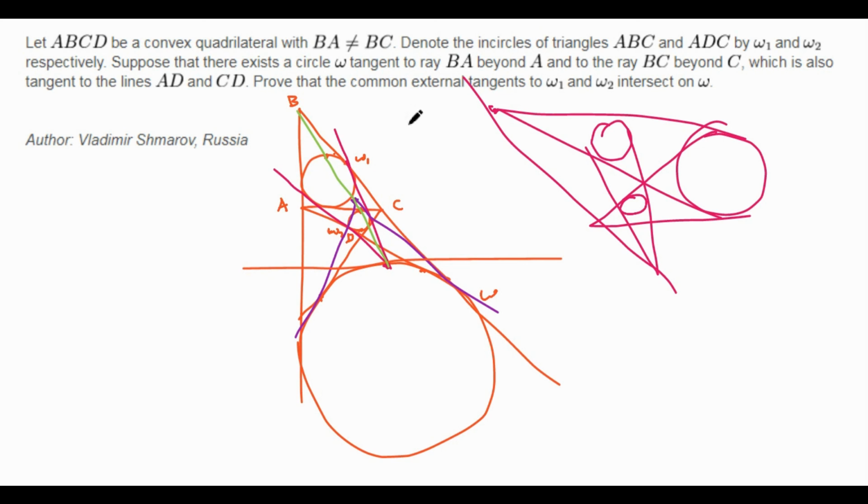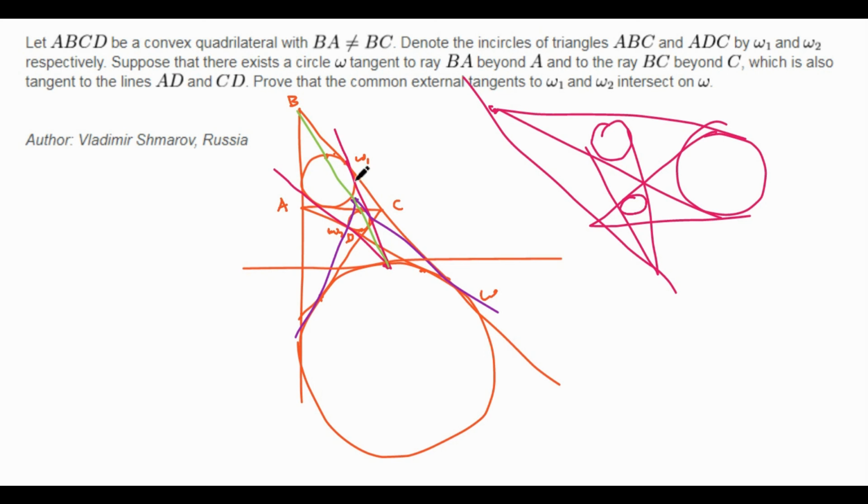So how might we go about proving this? Well, the first thing we know is that B, the top point of omega 1, and the top point of omega are already collinear. We already know this because it's just a homothety. We're already given it. So now we want to prove that the purple point as well as the tangency point of omega 2 and AC also lie on this green line.